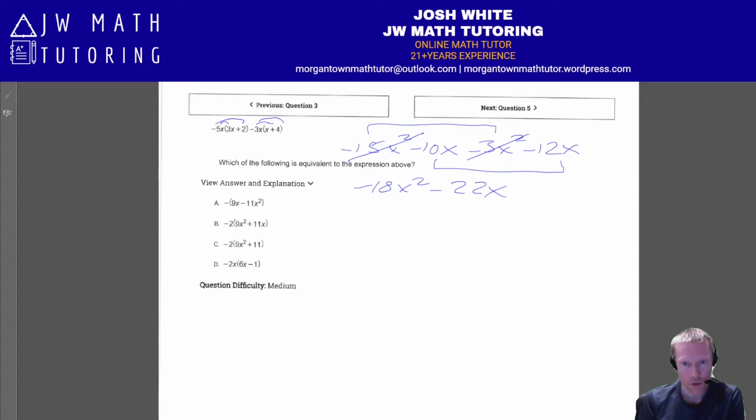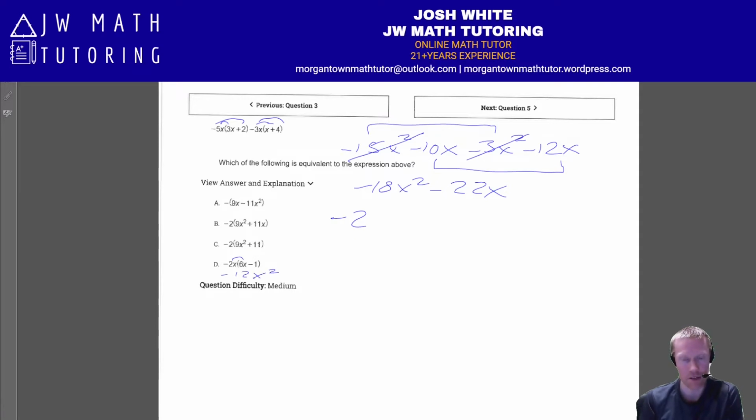So what can we factor out of each of these? Okay, they obviously have a common factor of 2, or specifically negative 2. They also have a common factor of x, but notice when we look at the answer choices, the only one where you take out an x is answer choice D, and that's clearly not going to be correct because notice here, if you multiply this out, you get negative 12x squared, okay?